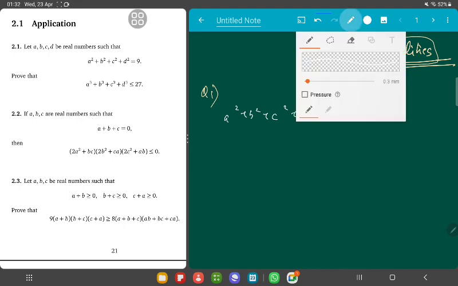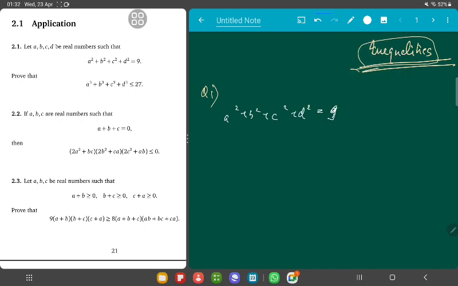Let me increase it a little bit. So we can say a square is this, a minus 3 will be like this, and you can write a cube like this.